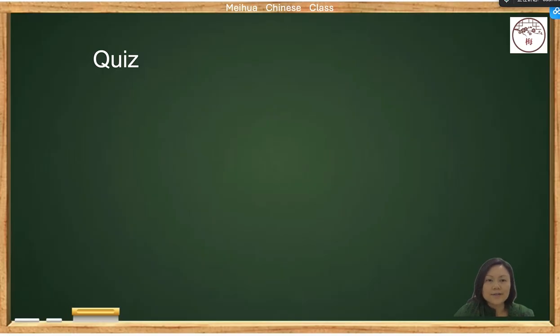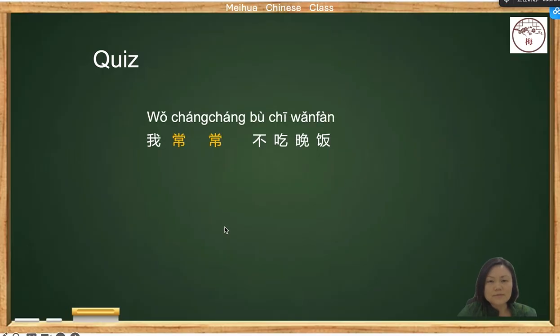Finally, we are finished with all the grammar rules about the verb. Let's take a quiz. 我常常不吃晚饭. Okay, please tell me what tense this sentence is about. Can you tell?